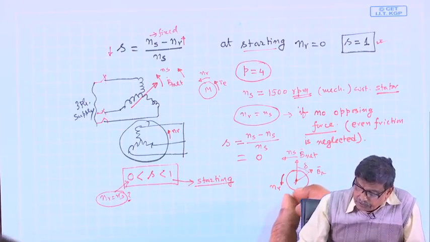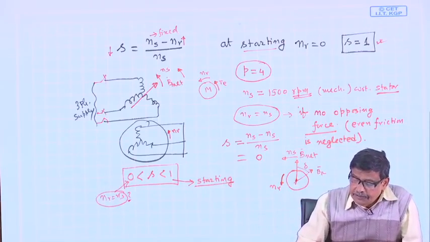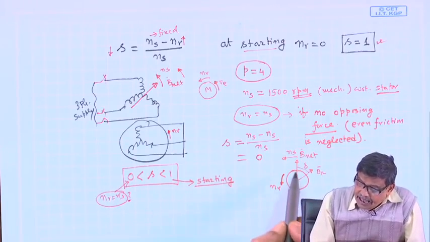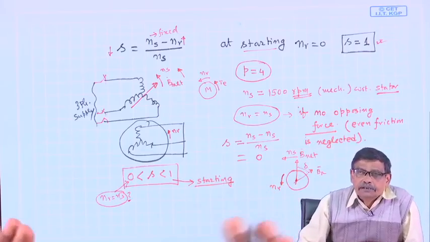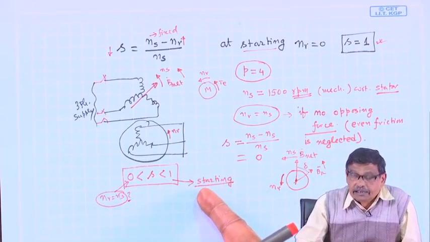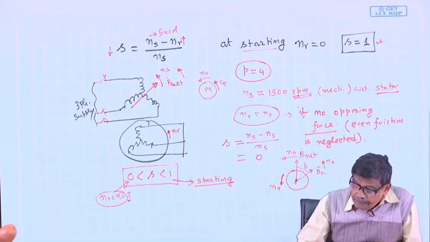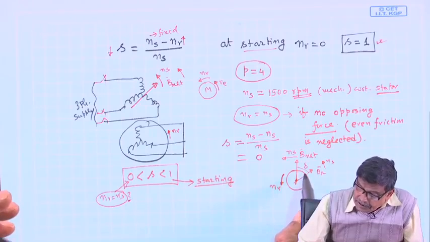As it evolves with time, the angle between them remains the same. Both of them are running at synchronous speed, no matter what is the value of NR. That is another interesting observation we have seen earlier.